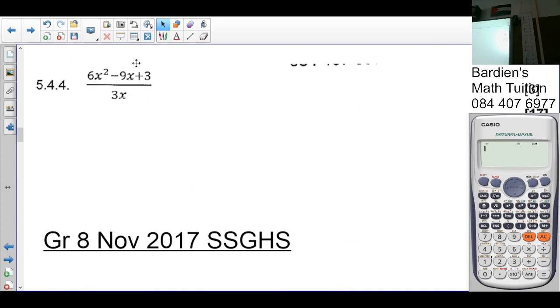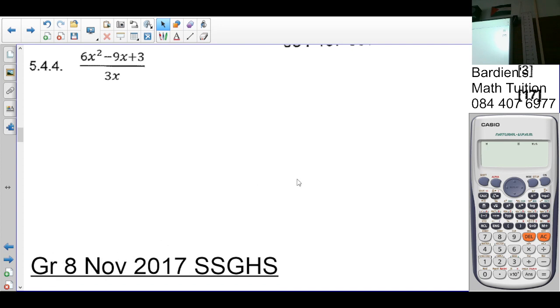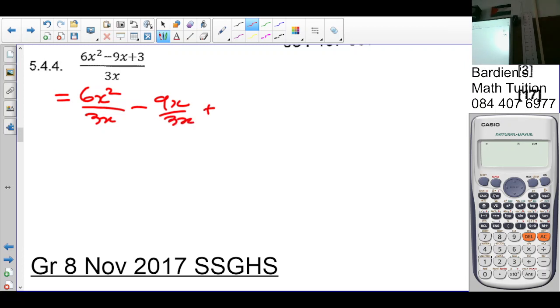Next question, 5.4.4, 3 marks. The question says you've got 6x squared minus 9x plus 3, all over 3x. So what do we do to simplify? We say 6x squared over 3x minus 9x over 3x plus 3 over 3x. So 3 goes into 6 twice.